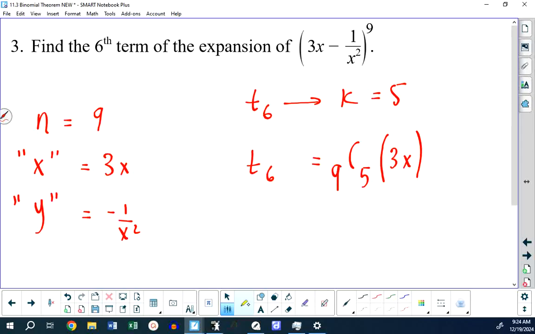You can do it right now. You can put 4 here if you want. But I just say times y, which is negative 1 over x squared, which is kind of a weird thing. We're calling it y, but it's really in terms of x. This will be to the key number, and then I say this exponent must be 4, because 4 plus 5 will give me the 9.